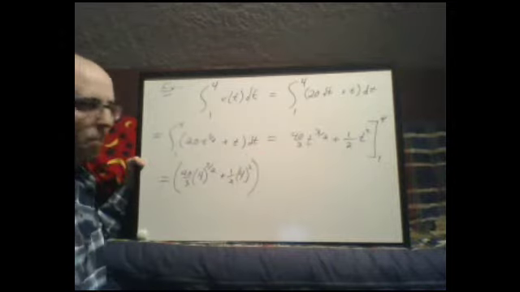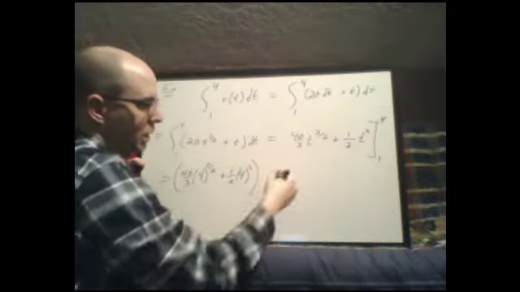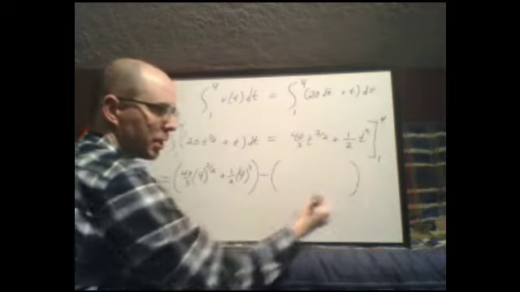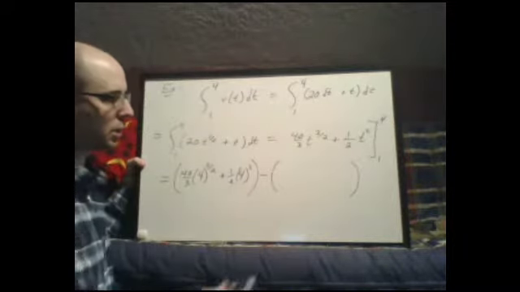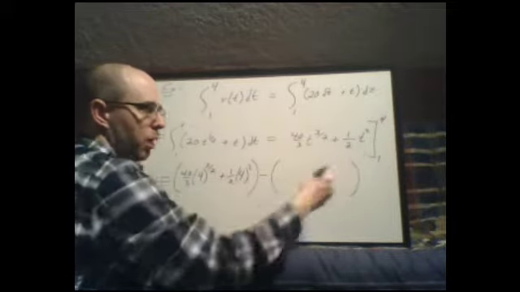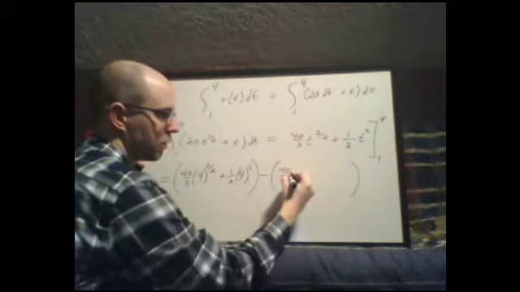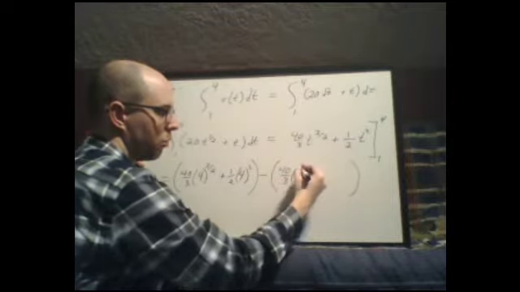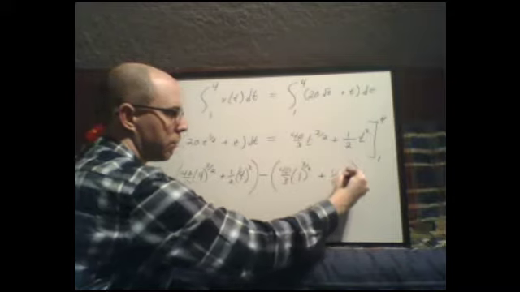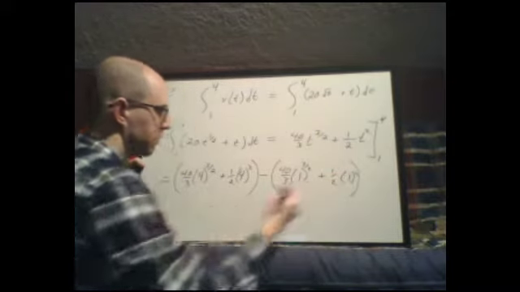That's what I get when I plug in the top number to this function. Then I subtract what I get when I plug in the bottom number. So I need to be careful with parentheses here. Minus parentheses, this whole function with 1 plugged in. So 40 over 3, 1 to the 3 over 2, plus 1/2, 1 squared.